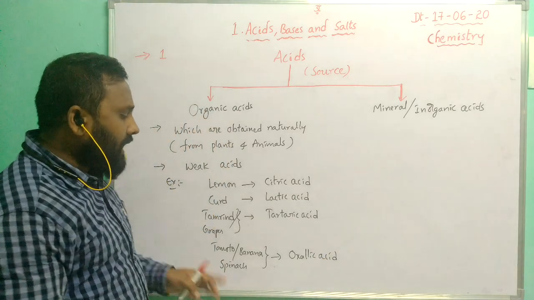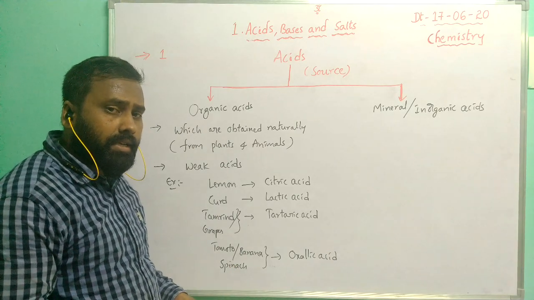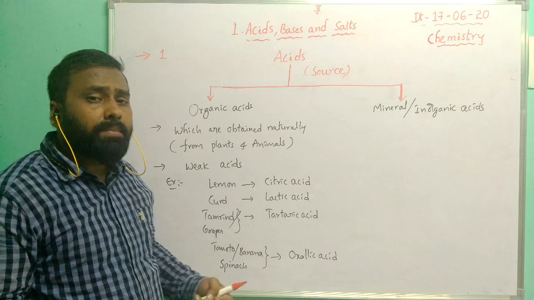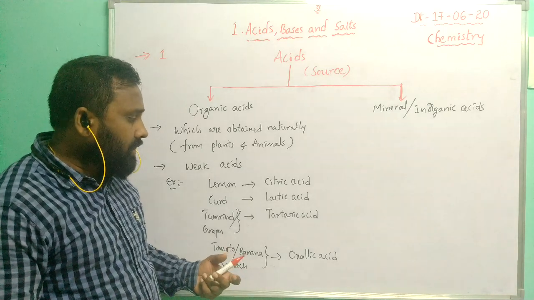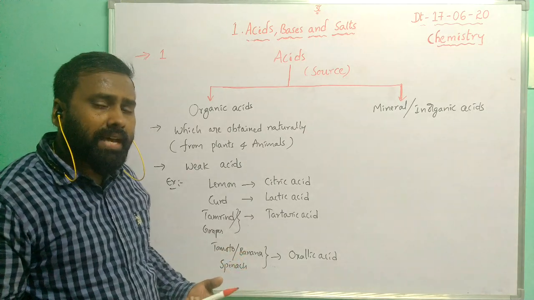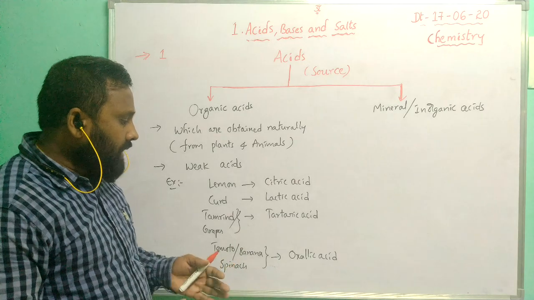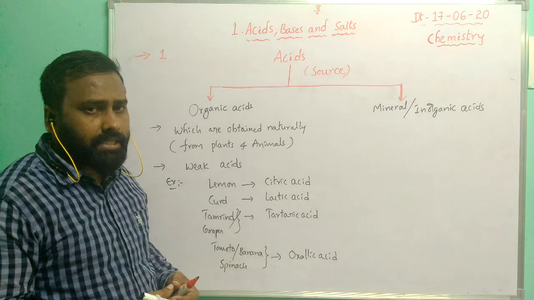And fats contain stearic acid, tea contains tannic acid, and red ants contain formic acid. Red ants are called in the Greek language formicus, that's why the acid present in the red ants is nothing but formic acid.